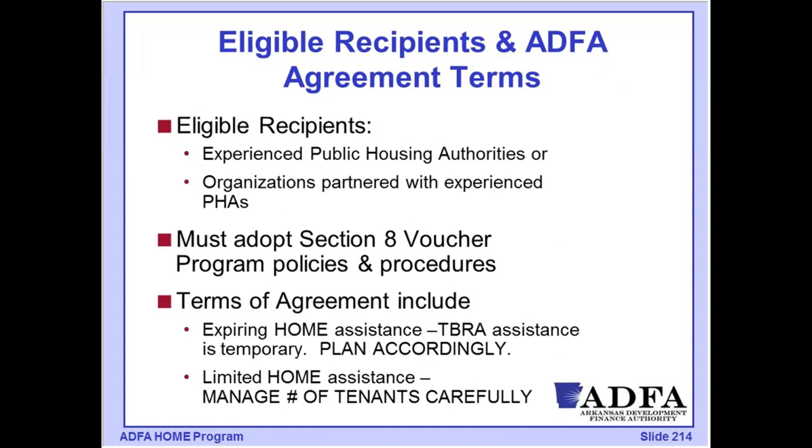You'll see as we talk through TBRA, it's modeled very closely on the public housing voucher program, and so it makes sense for them to be run in conjunction with each other. So our TBRA programs are required to adopt the Section 8 voucher program policies and procedures.